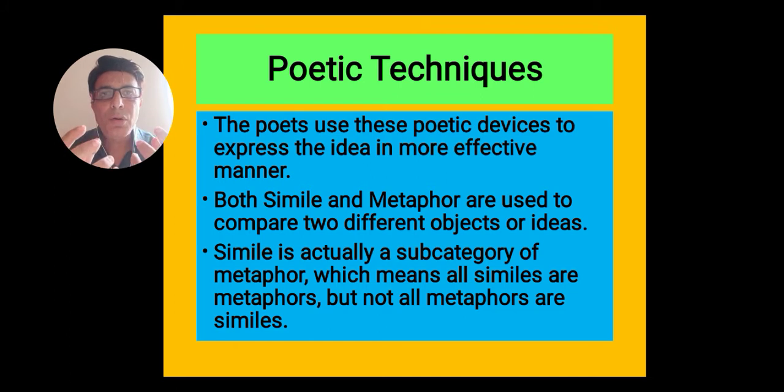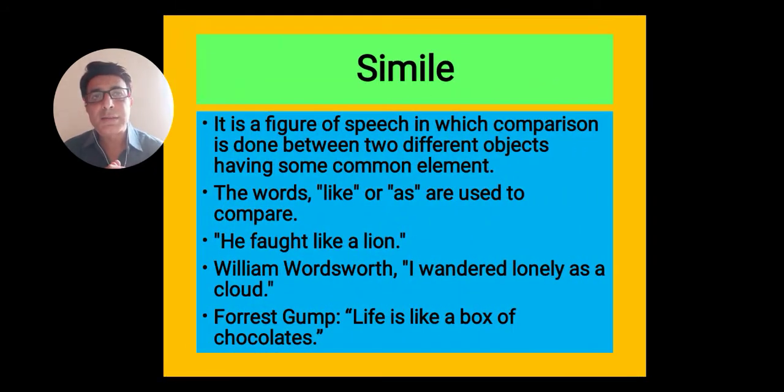Both are used to compare two different objects or ideas in poetry. Simile is actually a subcategory of metaphor. That means all similes are metaphors, but all metaphors are not similes. First, let's begin with what a simile is.